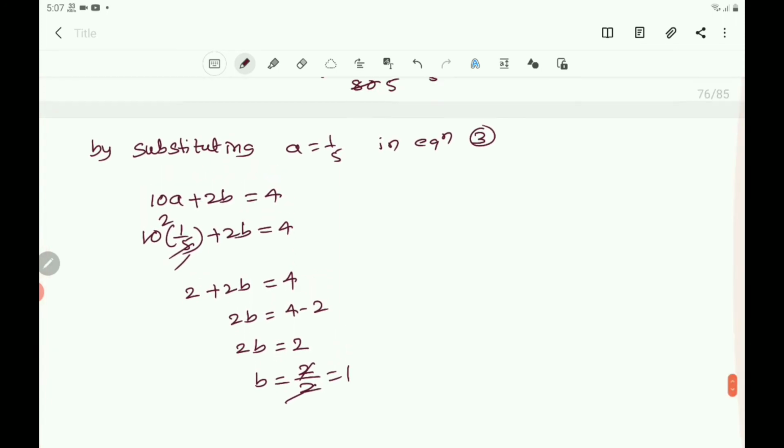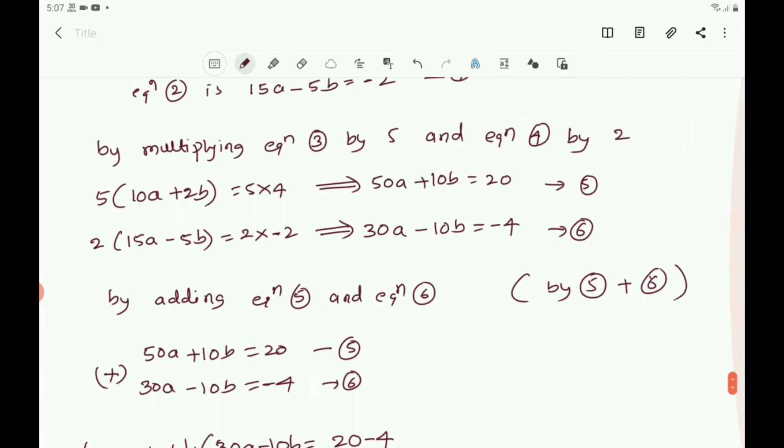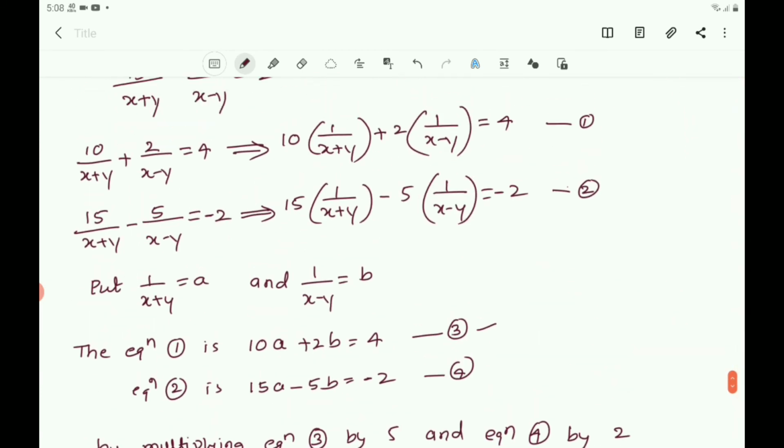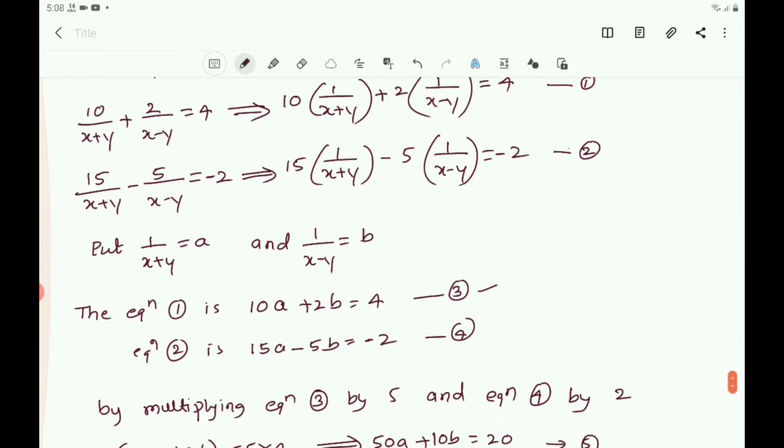Here a you have taken as 1 by x plus y, and b you have taken as 1 by x minus y.